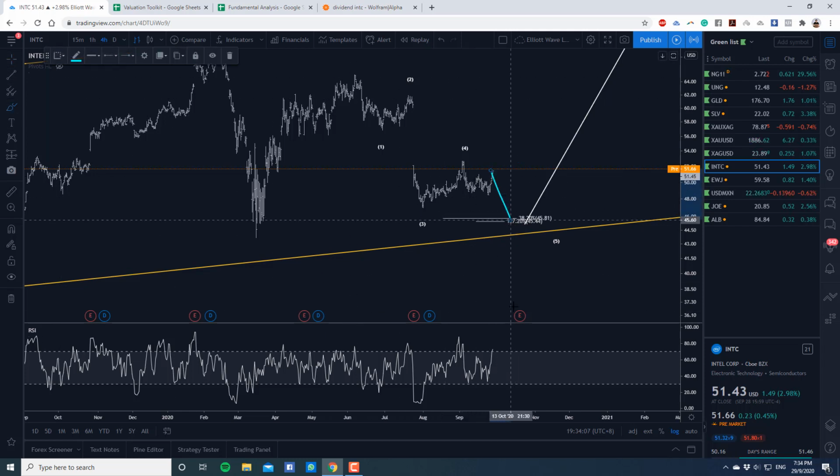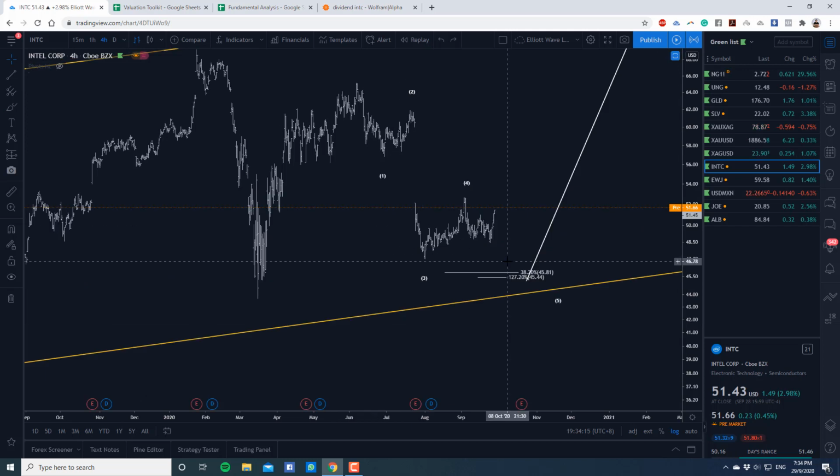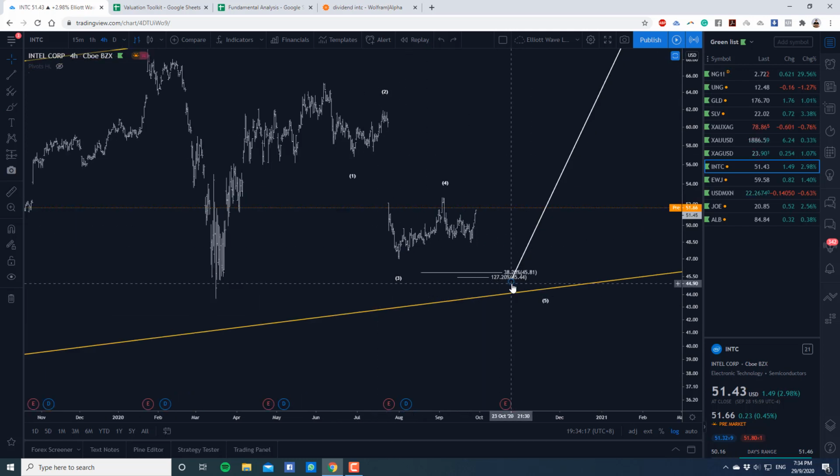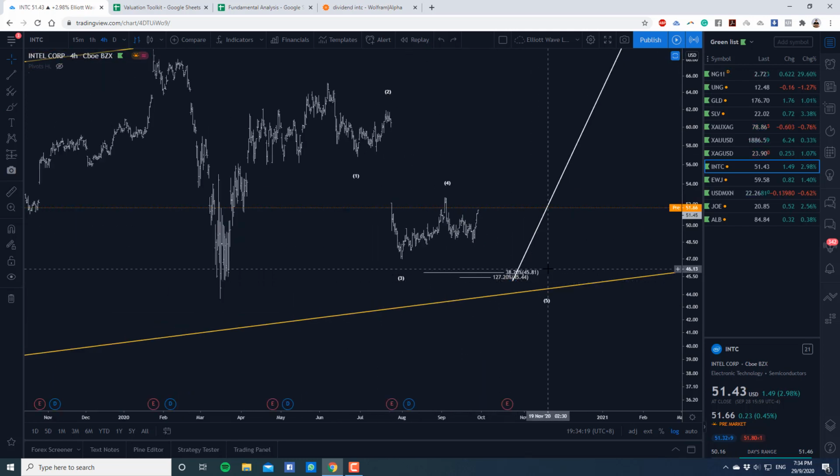If this comes down here, likely we are going to see divergence happening anyway. You don't really need the indicator, but I'm putting it up just to show you it's likely going to happen. So when all those things are aligned, this is where I'll be looking closely at price reaching $45.50, and I'll be accumulating Intel.